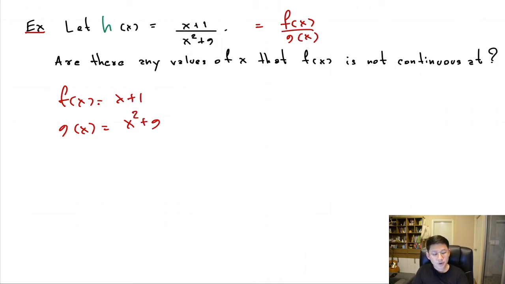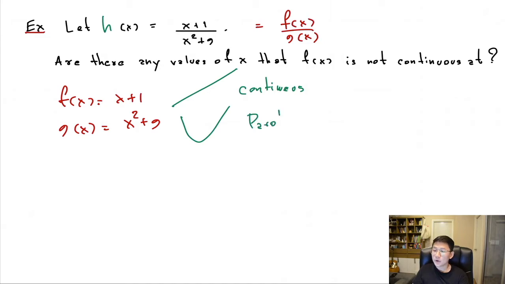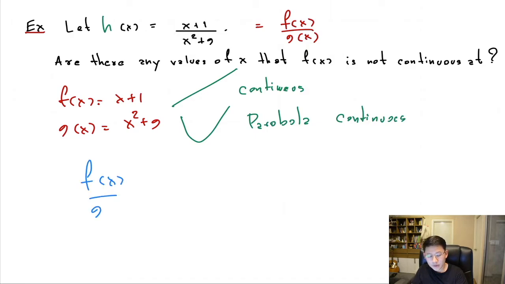And as you know, x plus 1 is a linear function, which is always continuous. x squared plus 9 is a parabola, which means that it's always continuous as well. So we have that f of x divided by g of x is continuous if g is not 0.